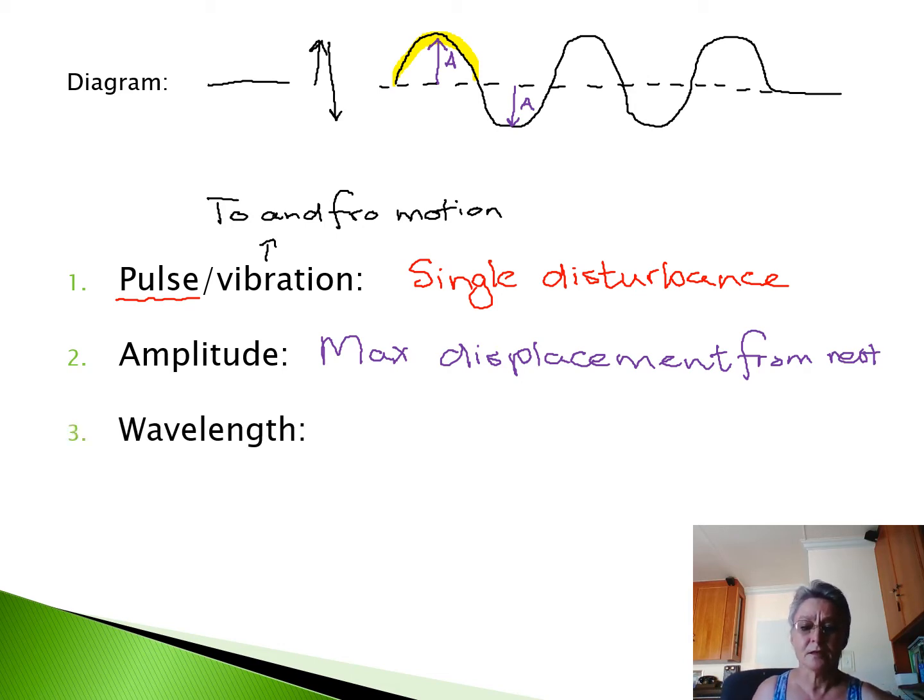Now, wavelength is the next definition. Wavelength is the distance between two consecutive points in phase. So I'm going to use that crest there and that crest there. They are consecutive crests, the one follows the other one. So the distance between the two consecutive points in phase is the wavelength.